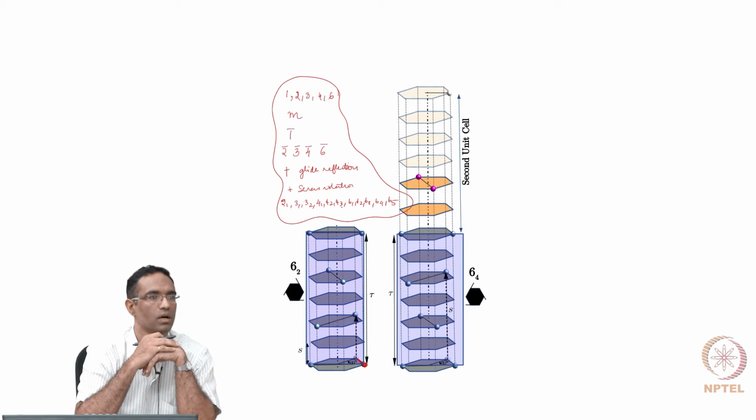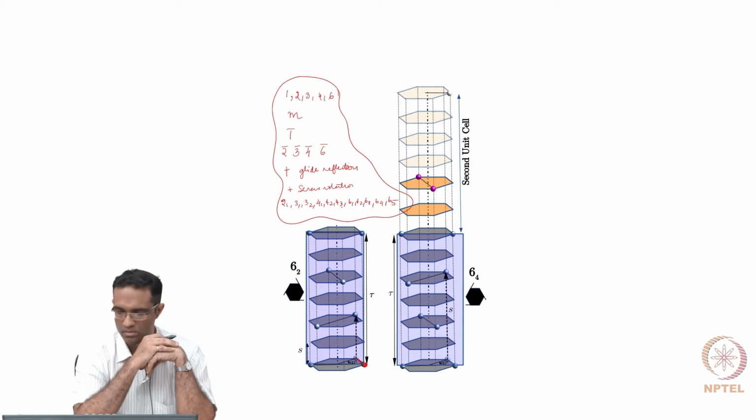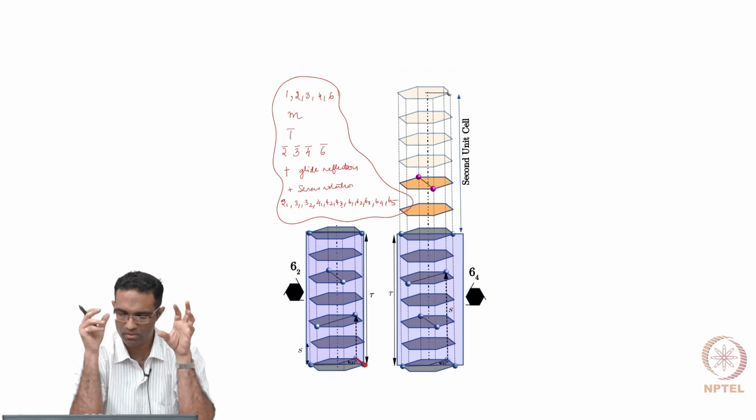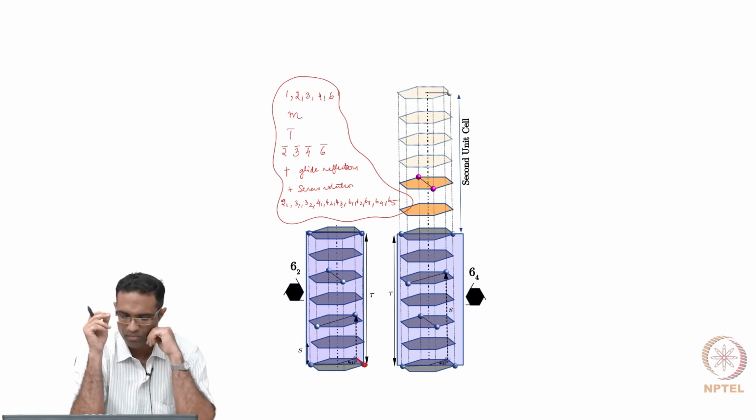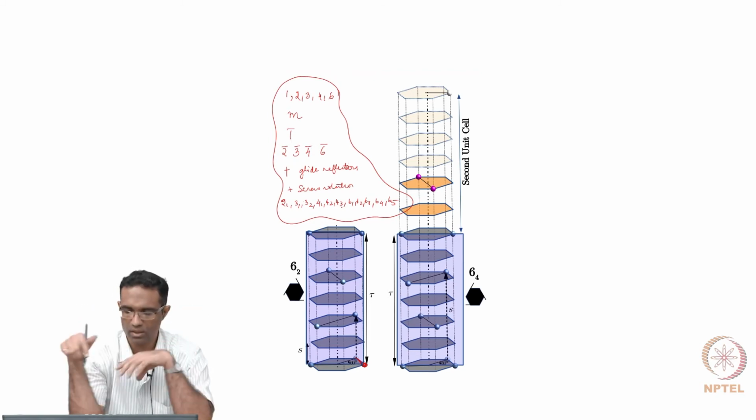Notation of screw rotation. So, for 6-2 and 6-4, yes, so we can see it is kind of opposite. Yes. So we can take 6-2 as that one also. Or you mean to say, if one is this, the other one is the other way?